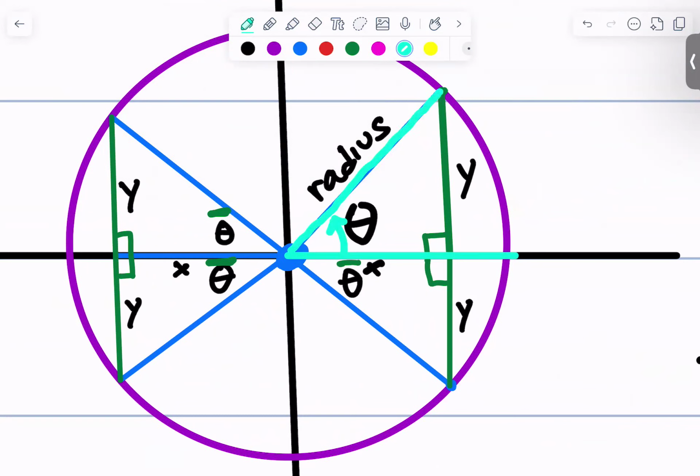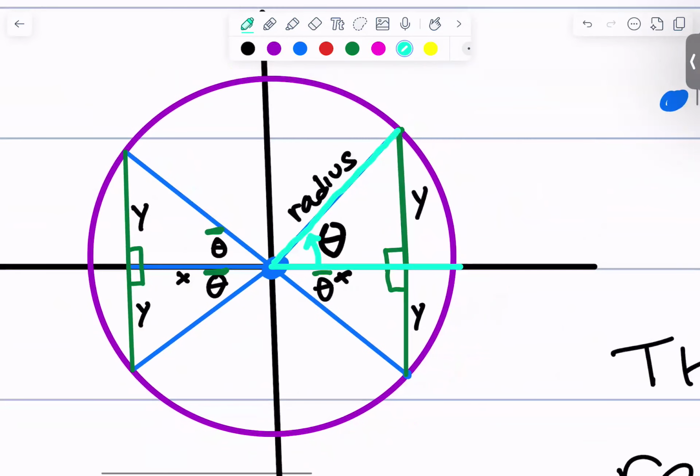And then in this circle, we can make a right triangle. In any angle, we can make a right triangle that is made up of an x-axis, the hypotenuse will always be called the radius because that's the radius of the circle. And the y is just the perpendicular distance to the x-axis, okay?